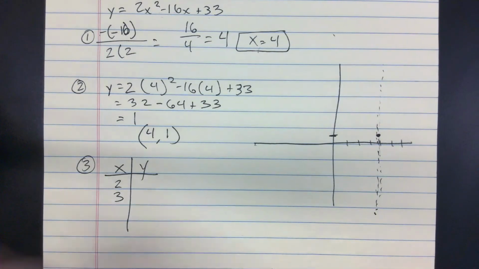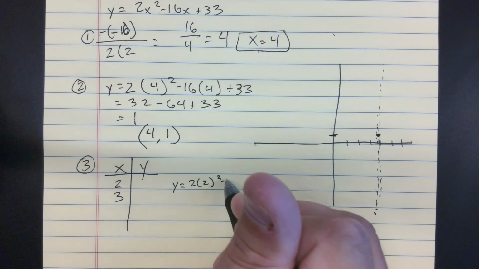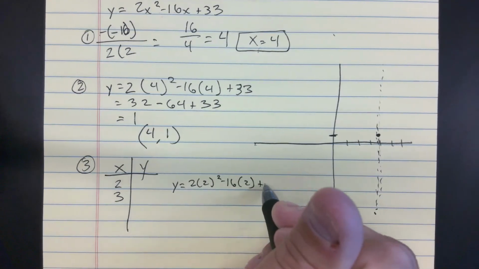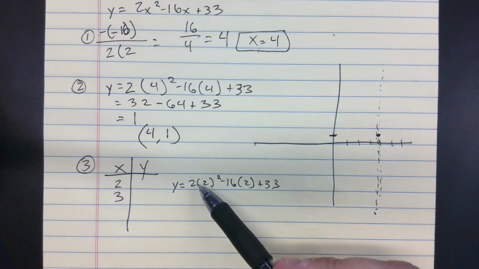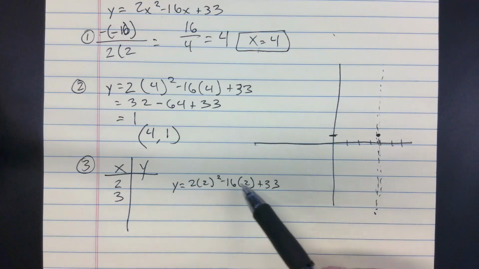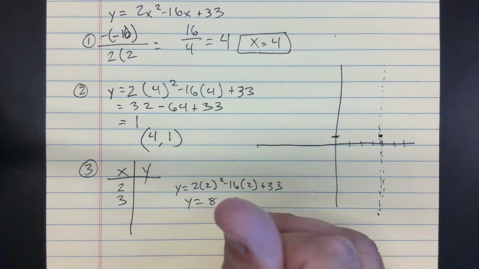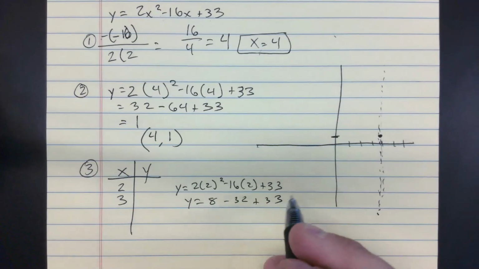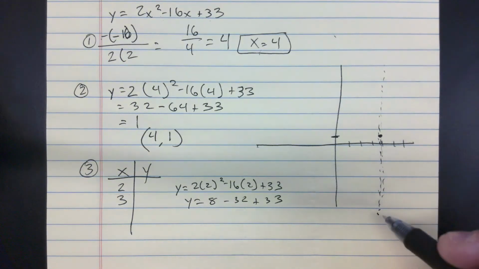We're going to plug those in. y equals 2 times 2 squared minus 16 times 2 plus 33. This is going to give us 4, 8 minus 32. 8 minus 32 plus 33. Is that 9? Yeah?